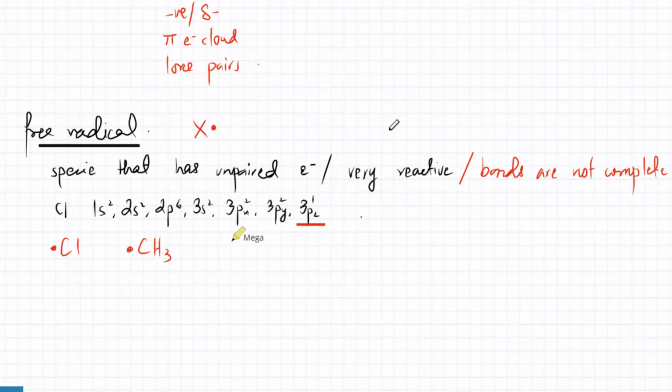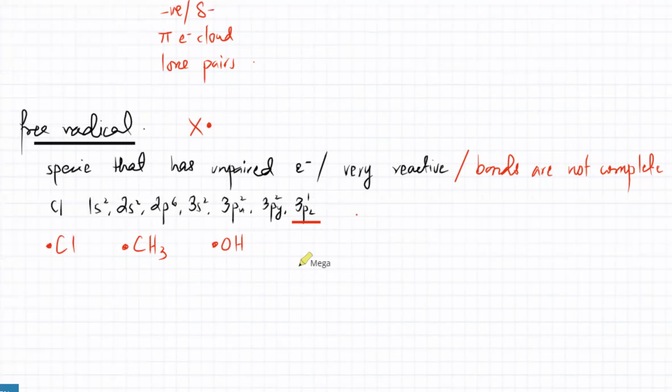The OH could be a free radical if the oxygen bonds are not complete, right? It should have been H2O. This should have been CH4. There's one bond missing. There should be something next to it. It should either be HCl or NaCl or something. So its bonds are not complete. Is that clear? Yes, sir. So that's what a free radical is.